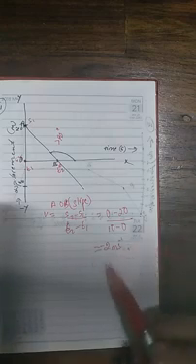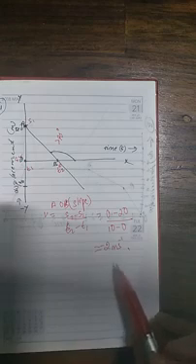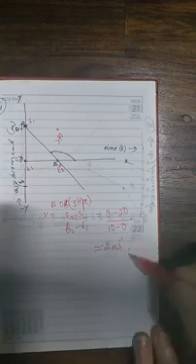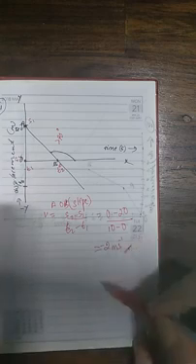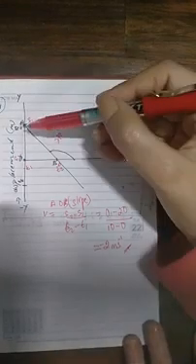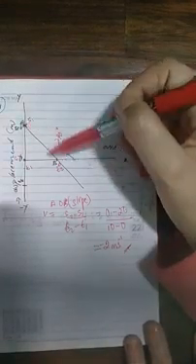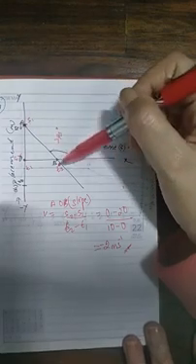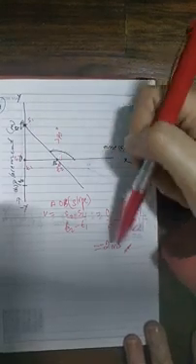So this negative sign of the velocity indicates that the object is moving in a reverse direction. That is, it is returning. Okay, the object is returning from point A to the point B. So the object is returning back to the reference point. That is why the velocity will be negative.